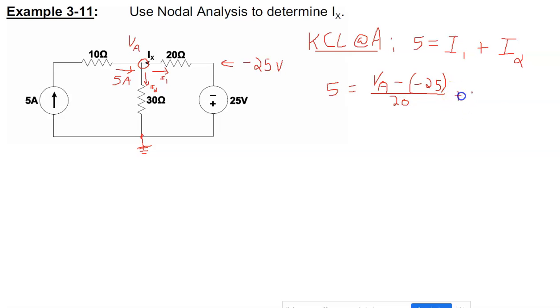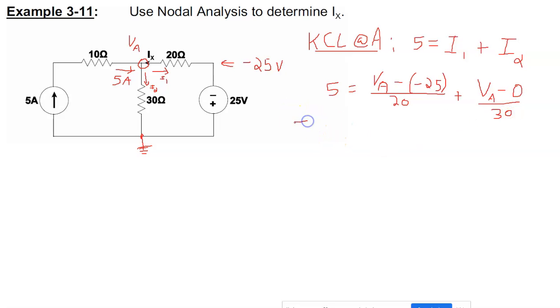Now plus I2. I2 flows from a place of higher potential to a place of lower potential. So we've got VA subtract 0 over 30.